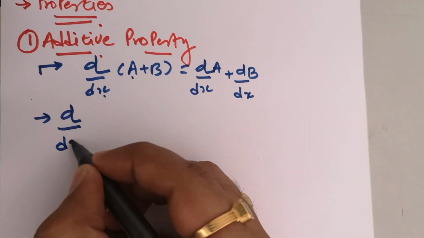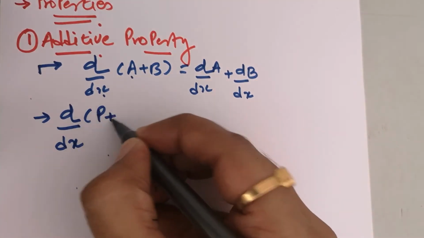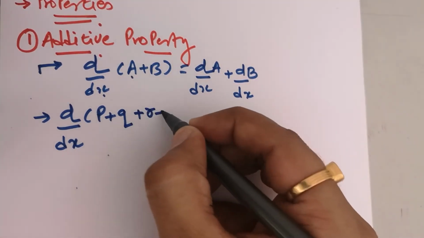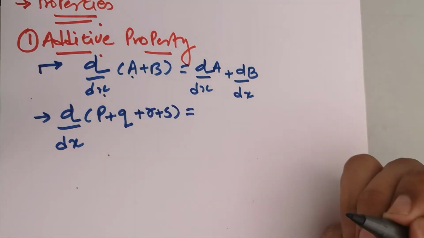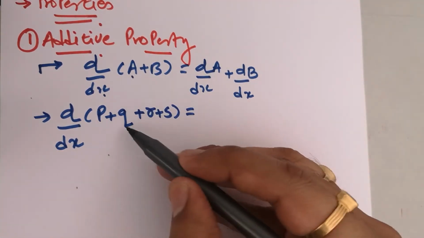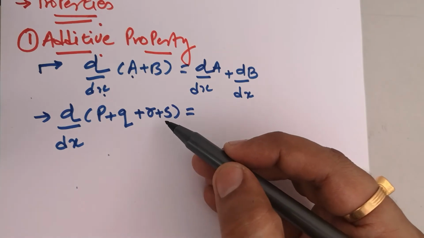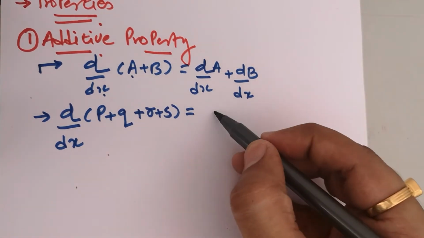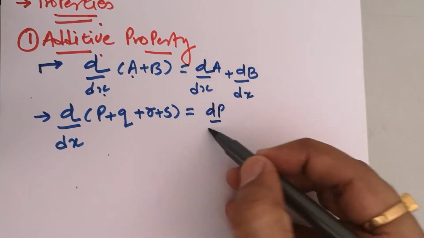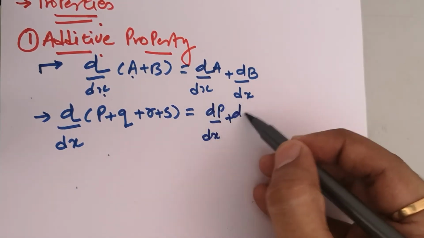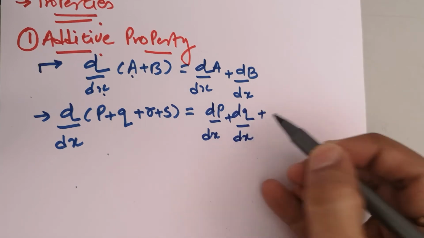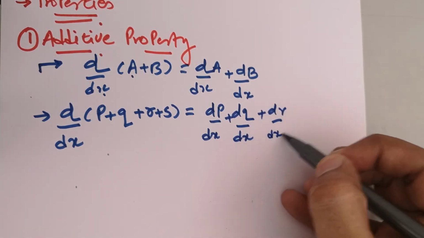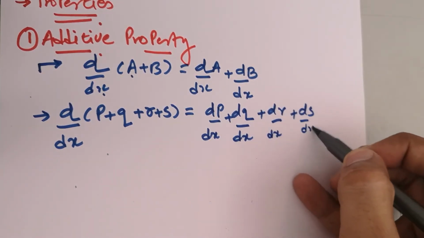Next is d by dx of p plus q plus r plus s. Now you are aware that p, q, r and s are four quantities that have to be differentiated with a single quantity, which is not possible. So what I am doing is dp by dx plus dq by dx plus dr by dx plus ds by dx.